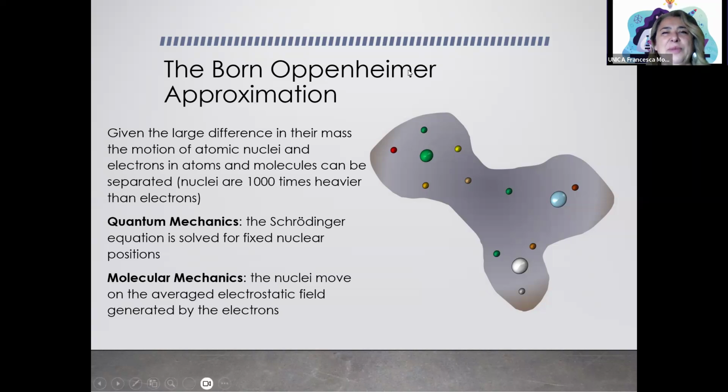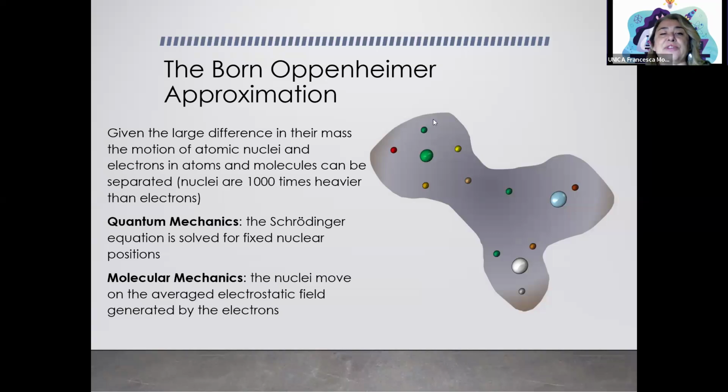Oppenheimer is rightly famous also to the general public, thanks to a movie that was very successful last year, that anyway could not show all the aspects of his research. The Born-Oppenheimer approximation is at the basis of the force field approximation. What does it state?